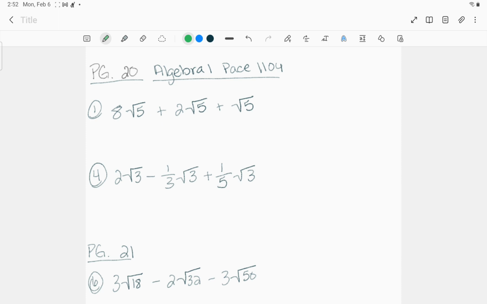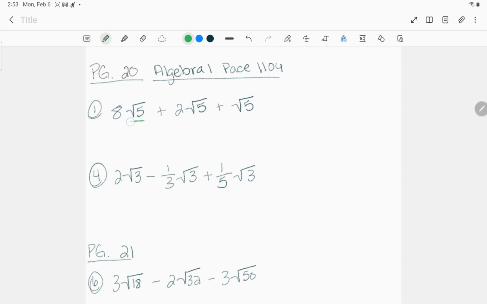So we can combine like terms if they're both the exact same term and the exact same exponent, such as a and a square. So a and a square are not the same, you cannot add them together. But you can do a plus a, which is 2a. And you can do a square plus a square, which is 2a square. It's the same thing when you're talking about these radical expressions.